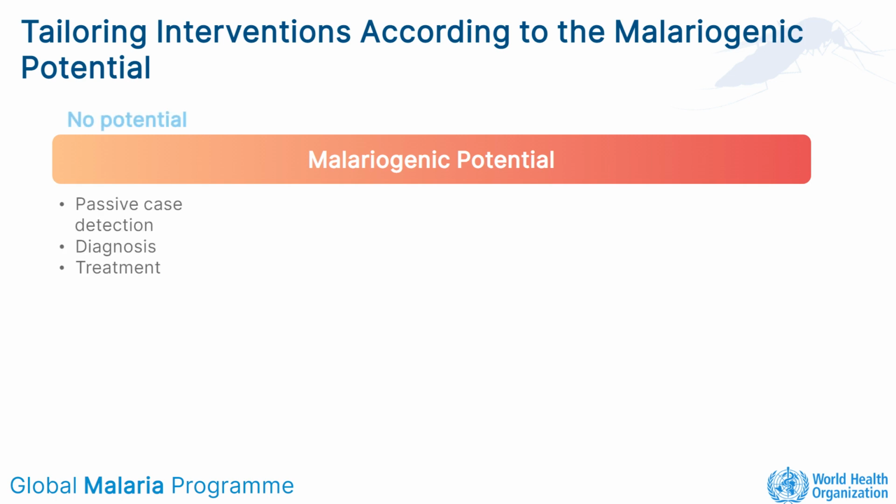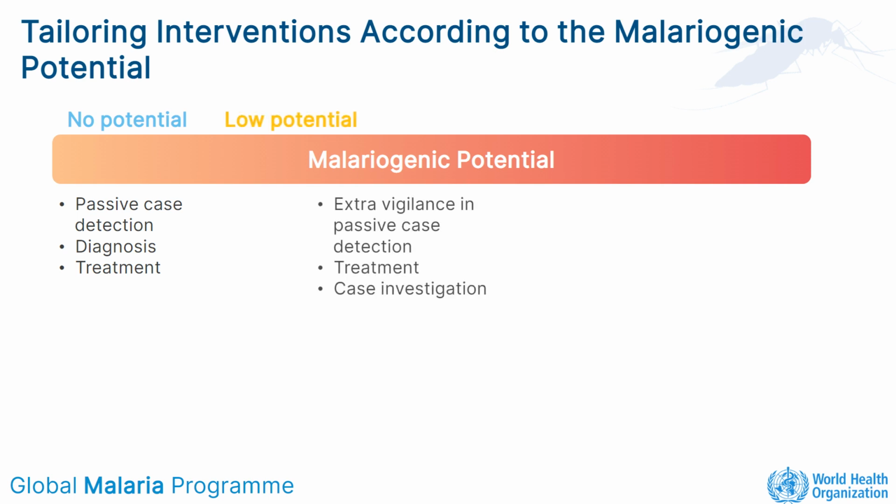In areas with 0 or very low malariogenic potential, passive case detection combined with good case management, namely quality-assured diagnosis and treatment, should be available to ensure that everyone can be diagnosed and treated quickly to avoid serious disease and death.